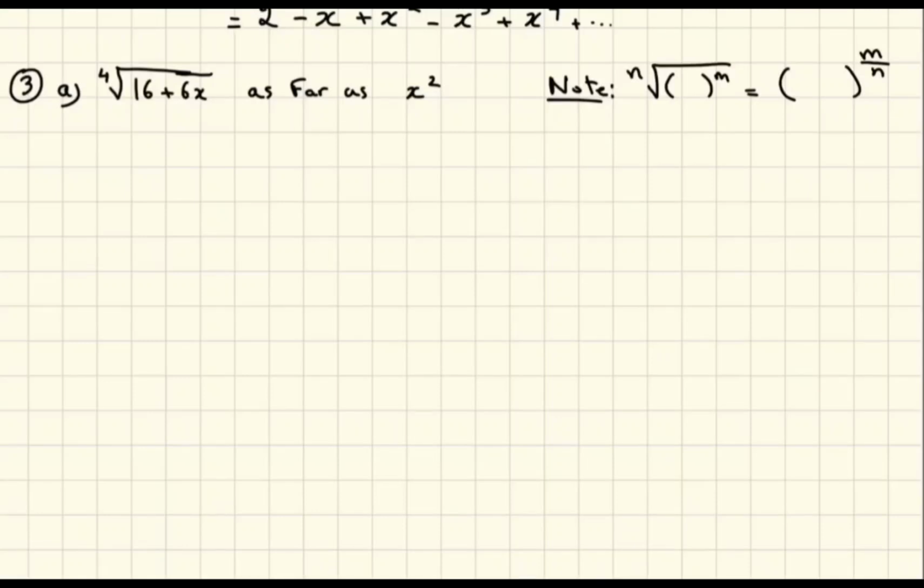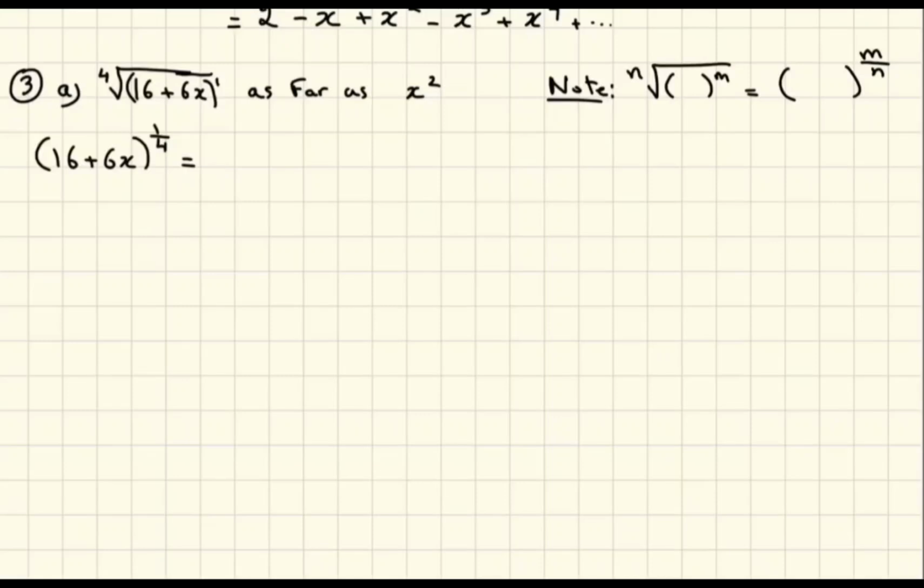Now, so in part A, they said just expand. To apply the binomial theorem, we should not have a root. So I'm gonna rewrite this as inside we have no exponent, it means exponent 1, so it becomes 1 over 4, and this will become 16 plus 6x.